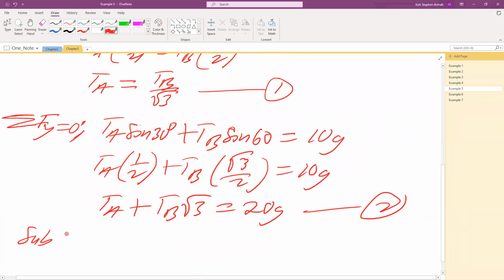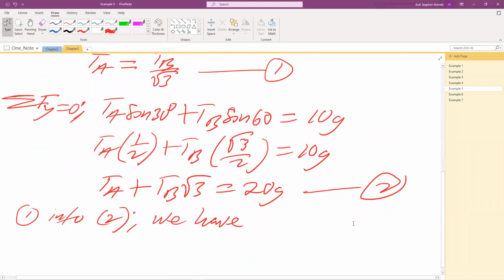Putting 1 into 2, wherever I see TA, I put that. So I'm going to get TA is TB over root 3 plus TB.